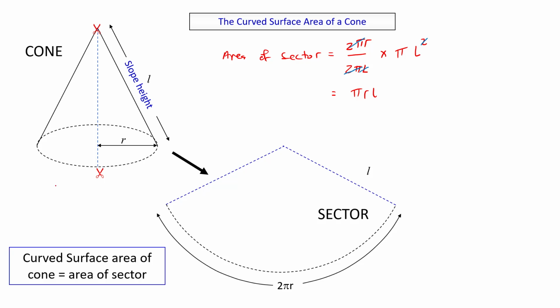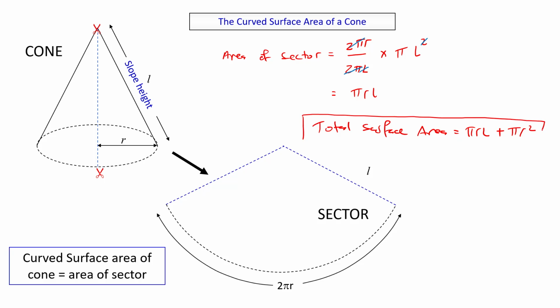Now don't forget that there's the base to consider as well. So the total surface area is equal to pi RL plus the base, pi r squared. And that's the formula that we use for the total surface area.